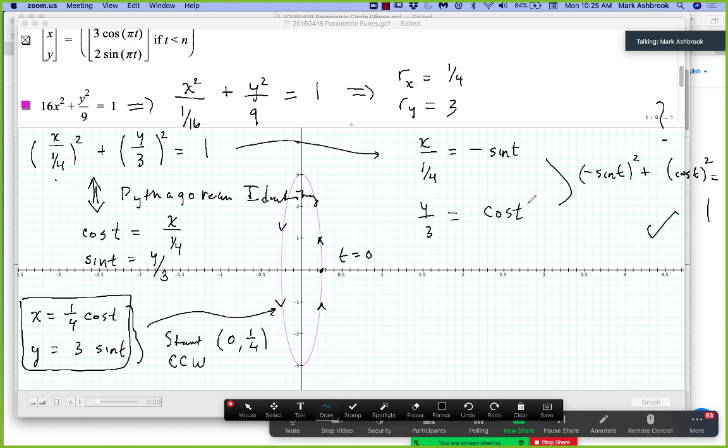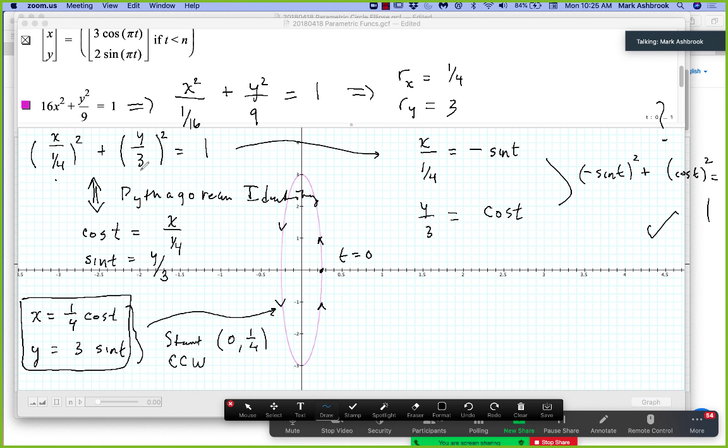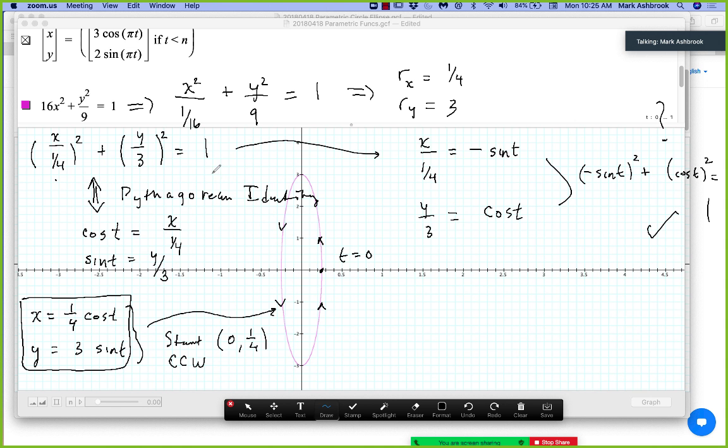So there are many assignments of plus or minus sine and plus or minus cosine to these interior expressions that will still make the Pythagorean identity true. In fact, there are 8 combinations. There are 8 ways to assign plus or minus cosine and plus or minus sine to those expressions inside the parentheses.